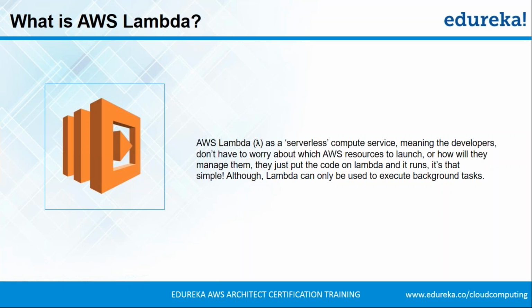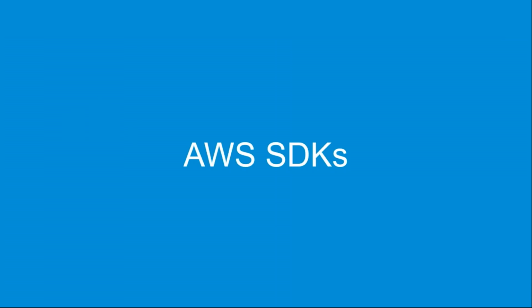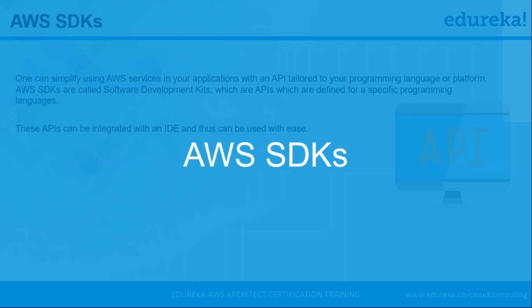So moving on, now we've understood what AWS Lambda actually is and why we use it, right? So let's move ahead to see how you can use this service. You can use this service using the software development kits which are provided by AWS. Before moving ahead, let's understand what these kits are all about.